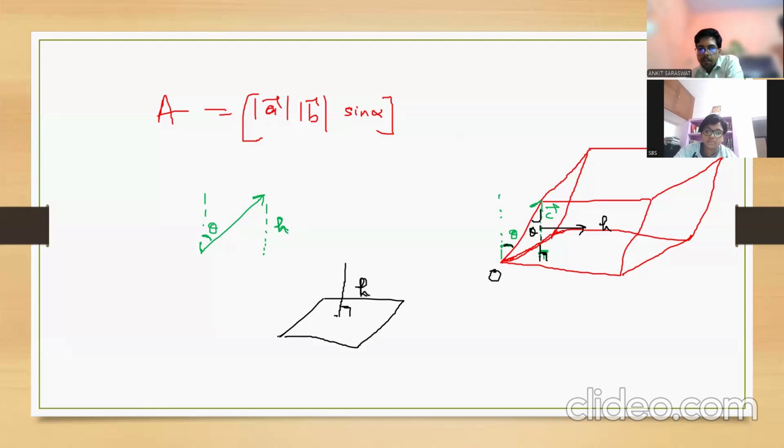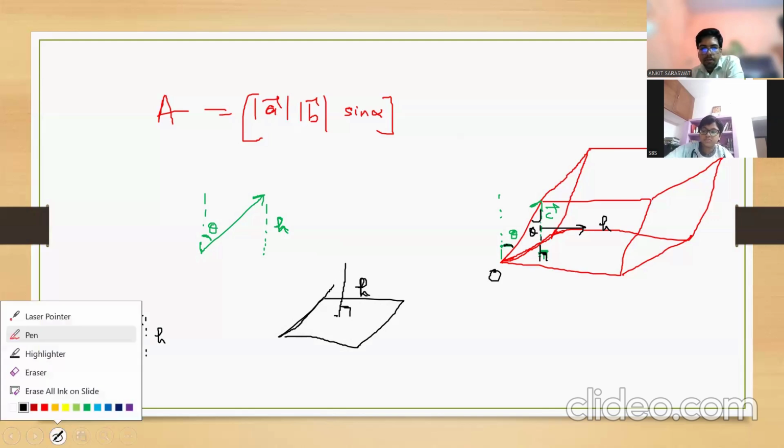And here the vector C is like this. You are dropping a perpendicular from this C vector. This is h and this is theta. Then tell me how to find it.